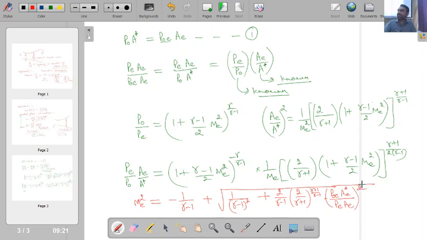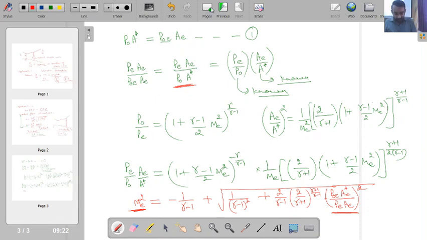So this is something which I will be getting. Fine. Now this parameter POE A star by PE into AE, this is known to us, and all the values of gamma are also known to us. So by knowing this parameter, I can predict the value of the exit Mach number. So exit Mach number is now known to me.